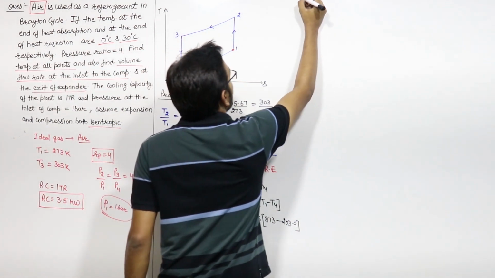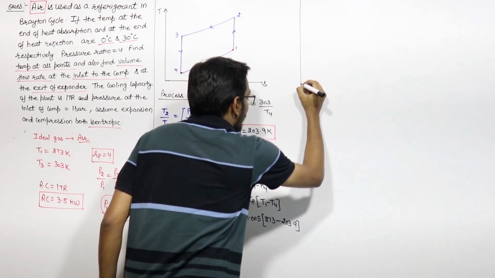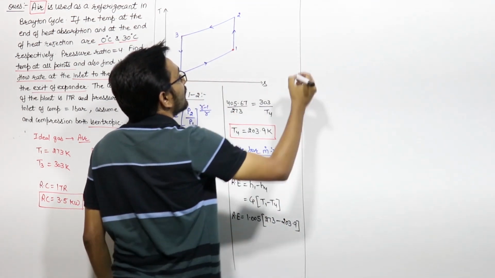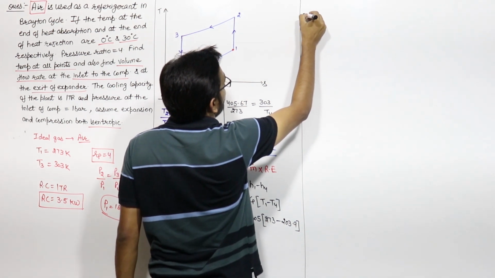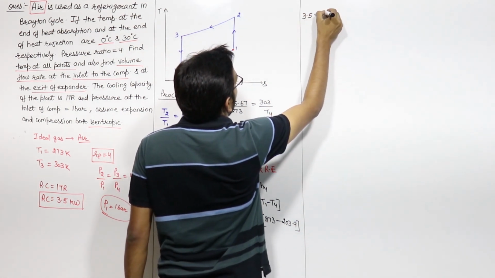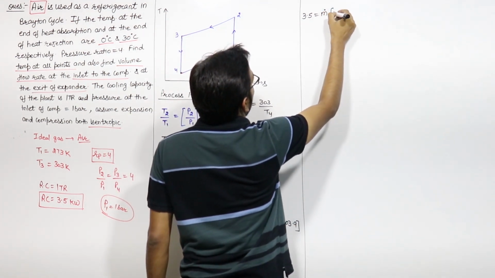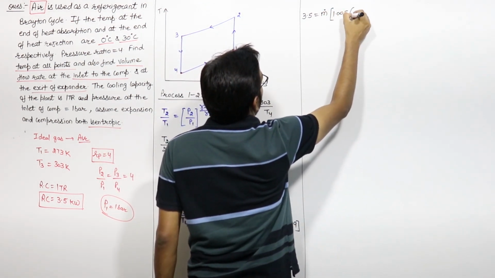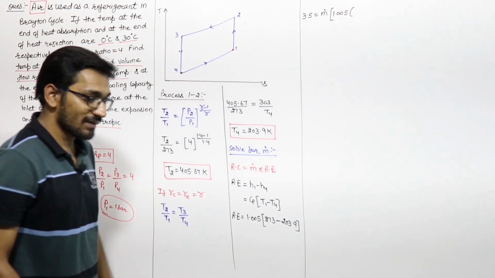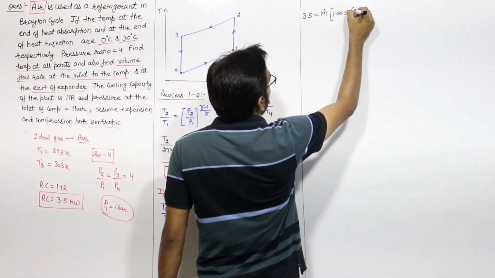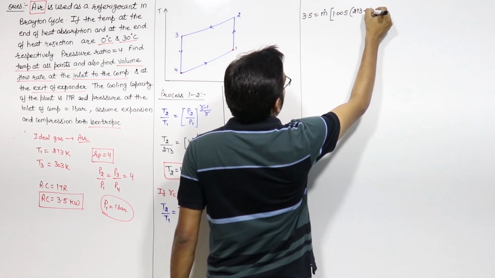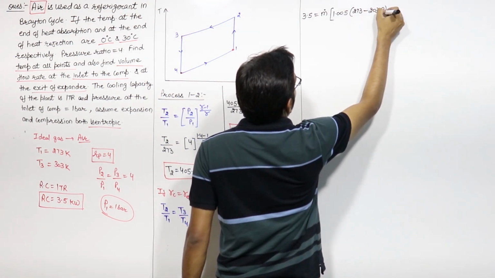Now, from the basic formula, refrigeration capacity is 3.5 is equal to mass flow rate into Cp, 1.005, into 273 minus 203.9 Kelvin.